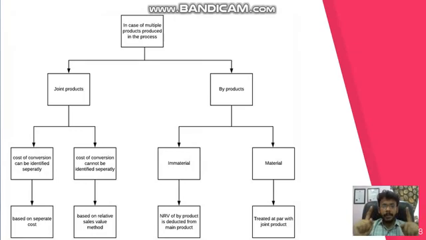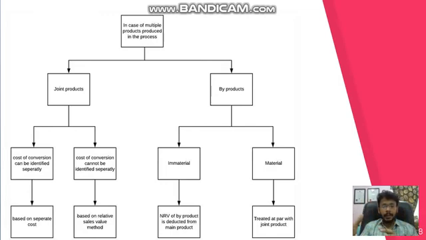If you are aware, FIFO, LIFO, average, weighted average, all those methods that you have learned at your foundation or CPT level were used only for traders. AS 2 specifically, what we are learning here, is to value the stock or inventory of a manufacturer. Trader comes along with it, but manufacturer and those cases where you are producing more than one product, there are multiple products, there are main products as well as byproducts.